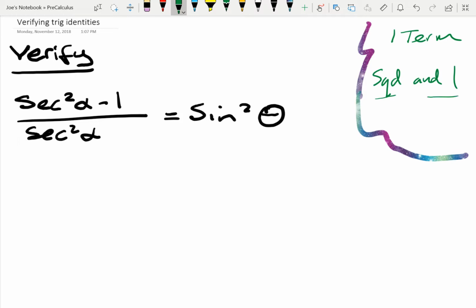Those are some kind of Pythagorean replacement. And a Pythagorean can take two terms and shrink it down into one term. Sine squared plus cosine squared, what's that equal to? One. So I can get two terms down into one. And look on my right side, I've got one term. It's kind of like chess. You have to know the moves of the pieces, and you have to be able to think ahead, right?